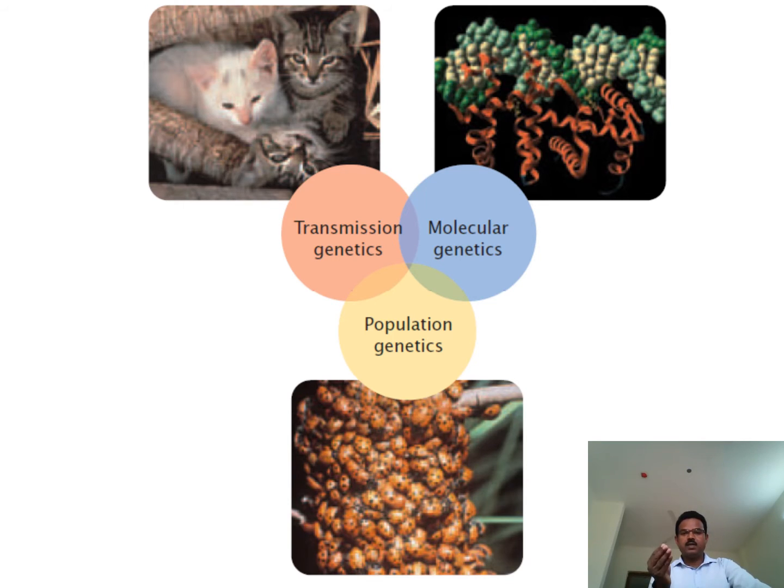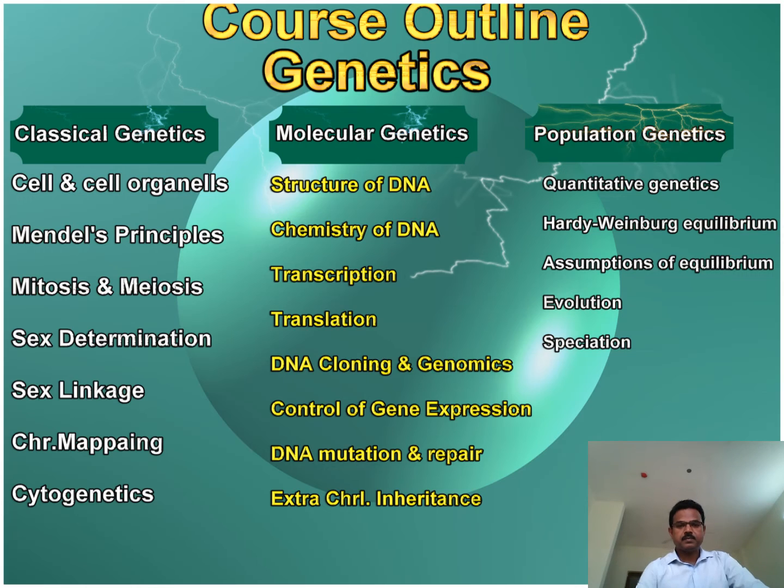In molecular genetics, we will study what is responsible for the transmission of traits from parents to offspring and how this process occurs. And in population genetics, we will be studying how gene and genotypic frequencies in a population are changing and their effects.